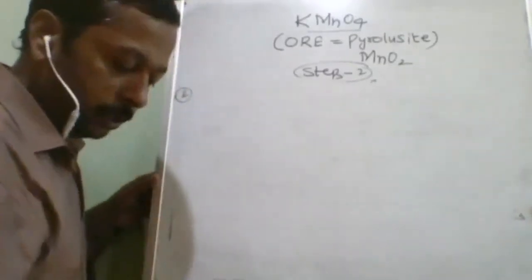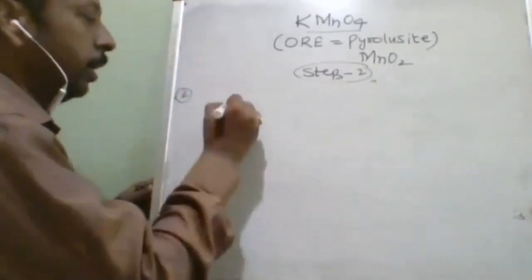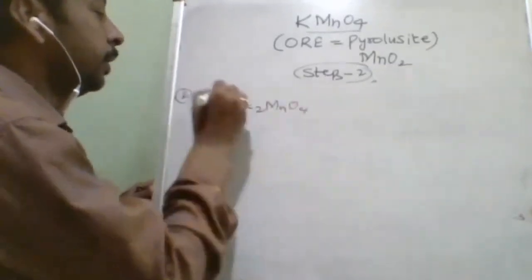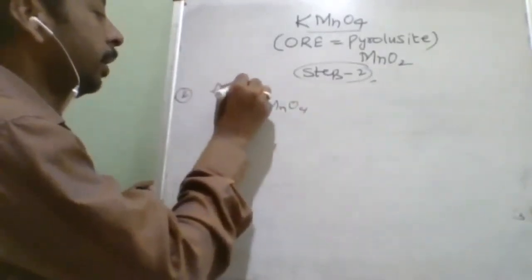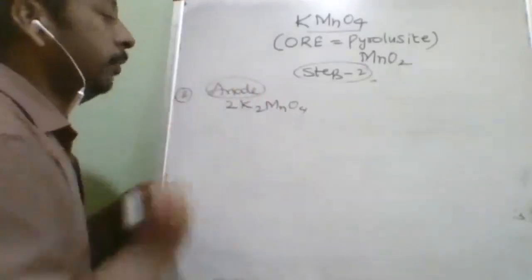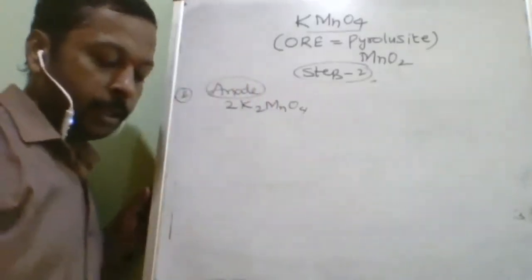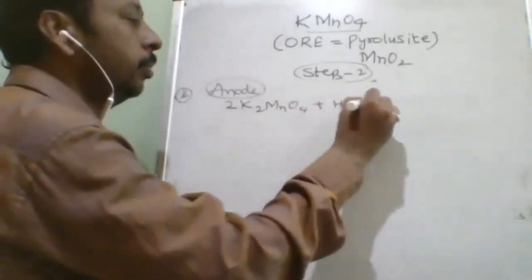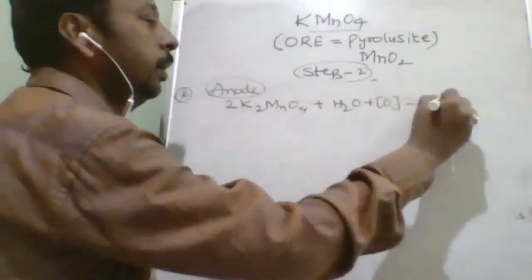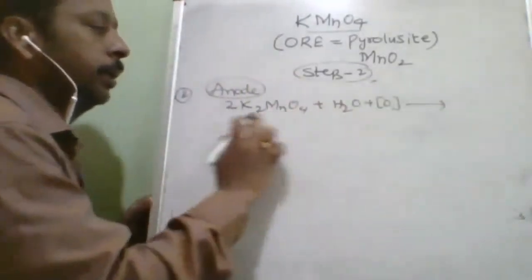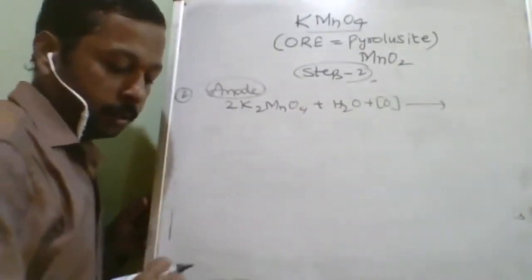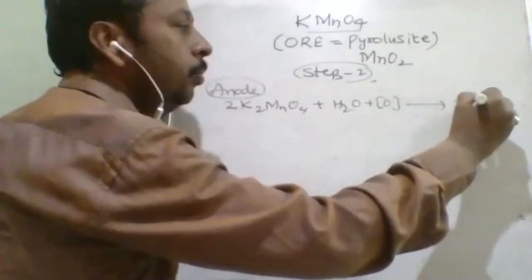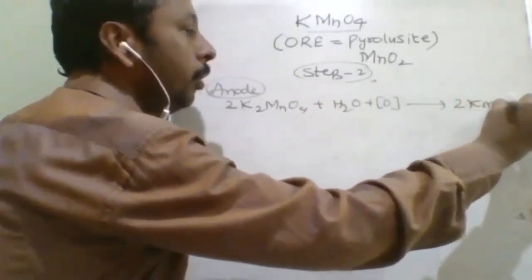Now electrolytic oxidation. In the electrolytic oxidation, 2K2MnO4 is the reaction taking place at anode. Oxidation will take place at which place? Anode. So plus H2O plus oxygen. Then this will undergo oxidation. It will give you 2KMnO4.